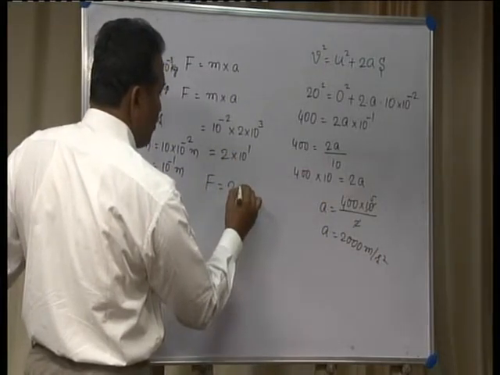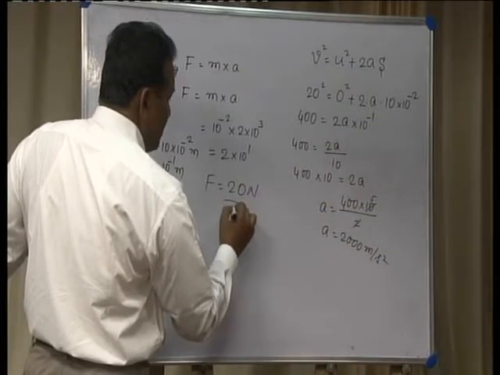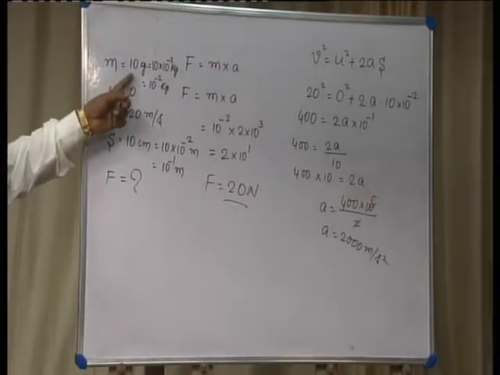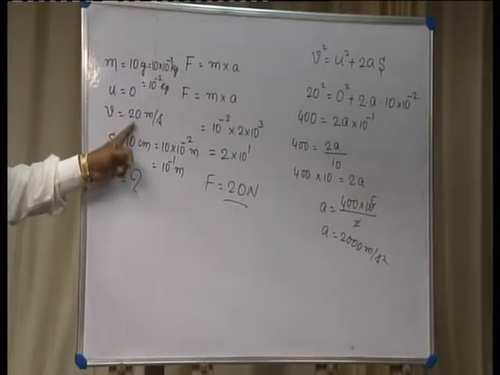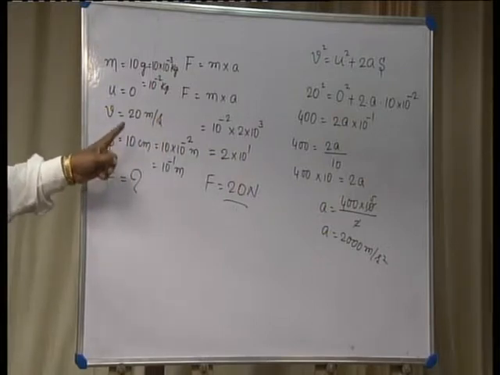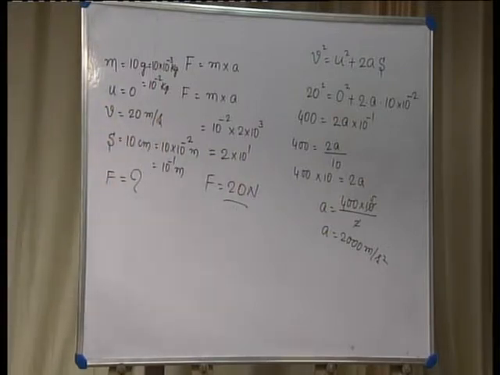F is equal to 20 Newton is the resistance offered by the wooden block when a bullet of mass 10 gram moves with a velocity of 20 meter per second and pierces through a distance of 10 centimeter. F is equal to 20 Newton is the answer. In this way, you have to calculate the resistance offered by the bullet.